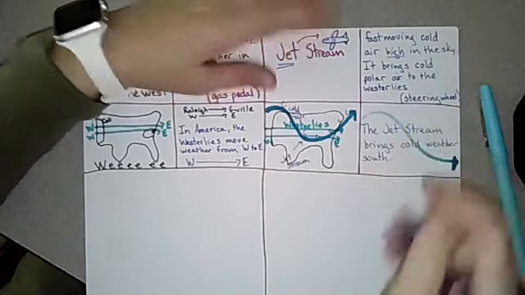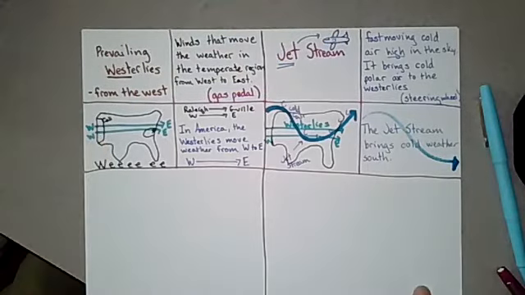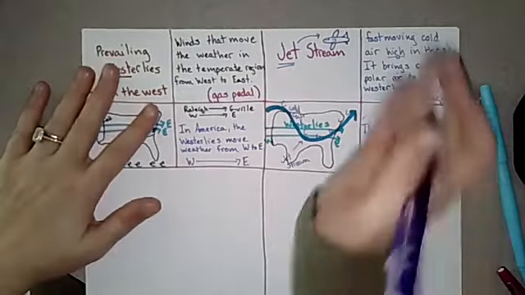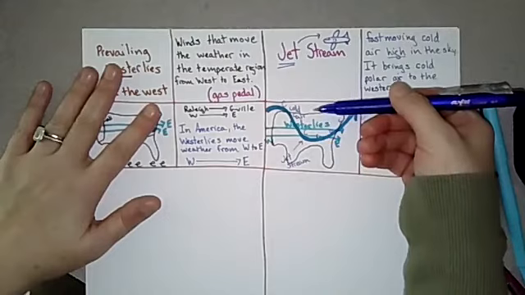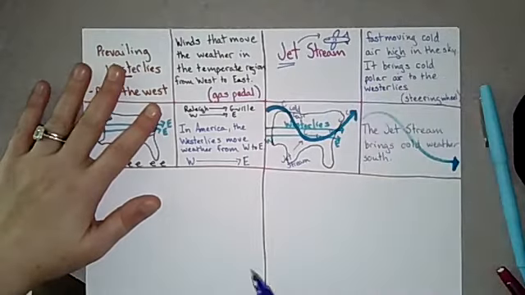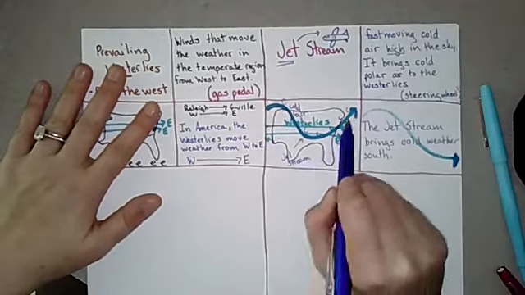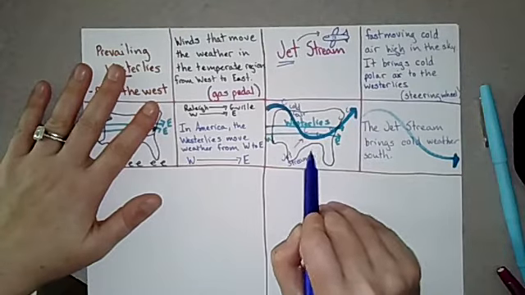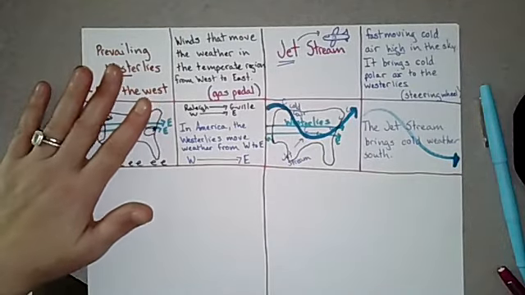So if the jet stream is running way down south, then it's going to be cold. If the jet stream moves up like this, the cold air is going to stay up north. But right now, the jet stream is dipping down into here, and we're getting that cold, cold, cold weather.